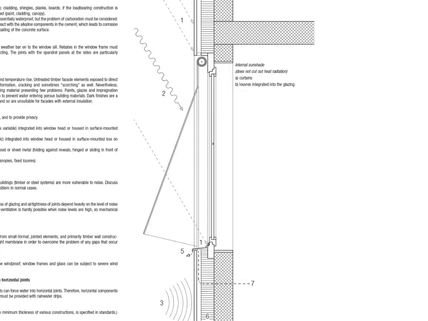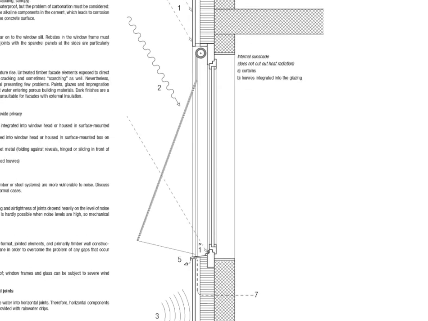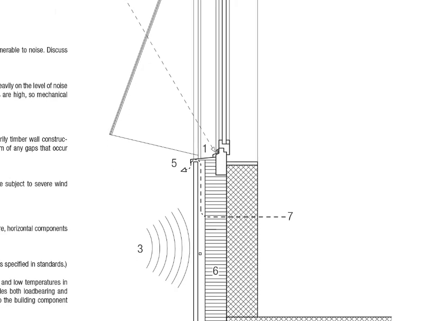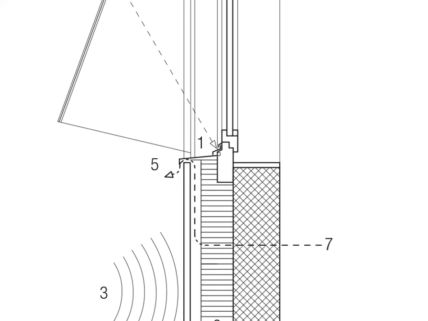The window as part of the insulation layer means that we do have certain requirements on the thermal performance of that window. So on the one hand, our window frame needs to be insulated in some way. If that is made out of a timber product, then the timber itself has well enough insulating properties.